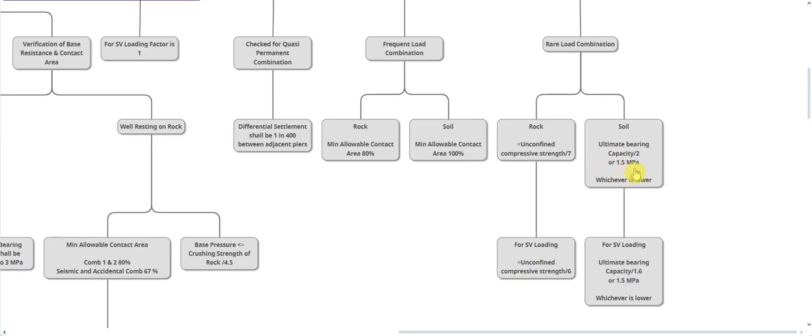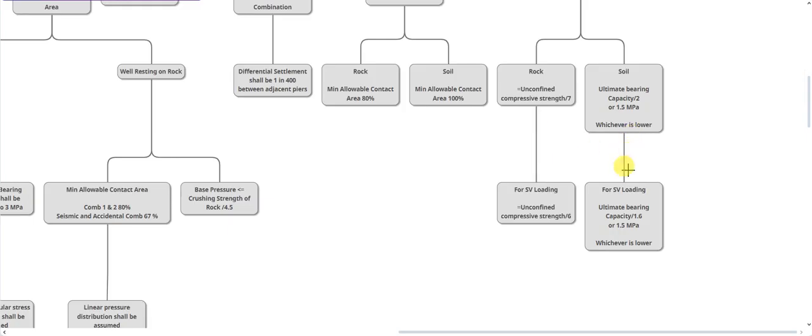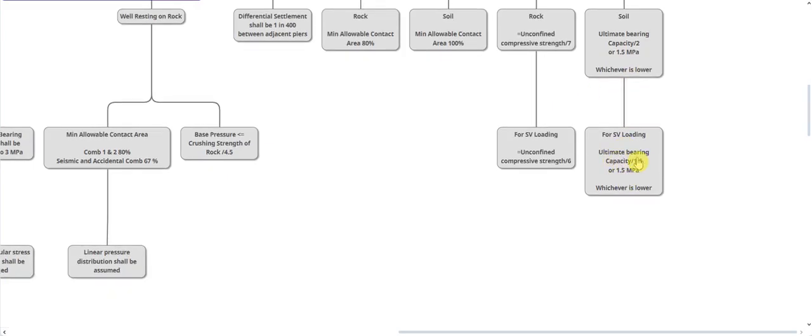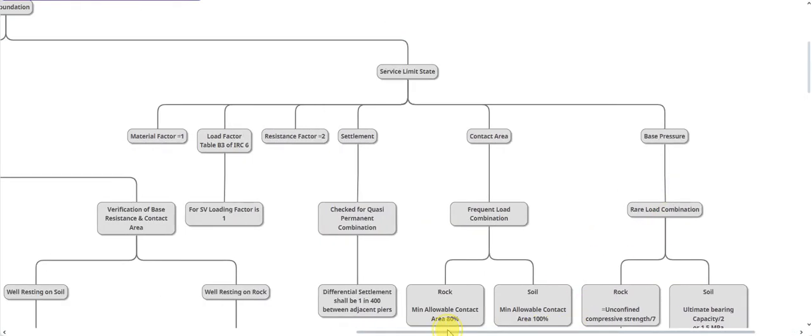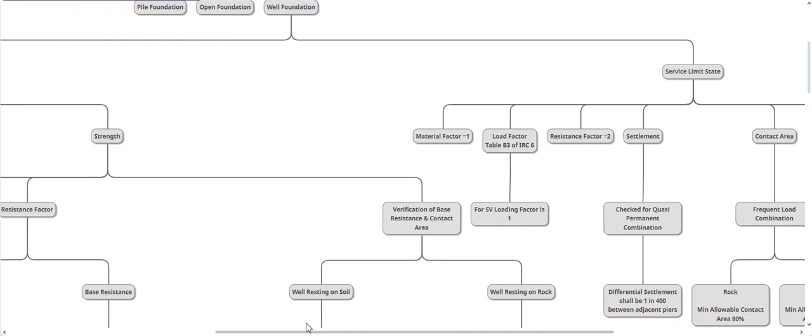And this value shall also be capped at 1.5 MPa such that the allowable bearing pressure is not more than 1.5 MPa. And in case of SV loading, the ultimate bearing capacity shall be divided by a factor of 1.6. However, the capping is still 1.5 MPa.